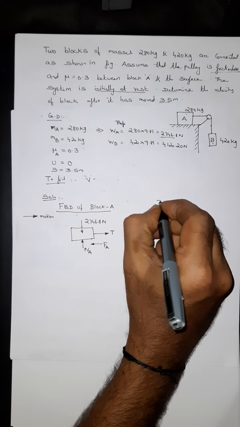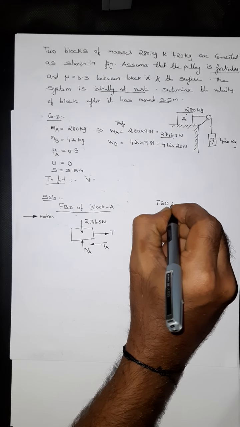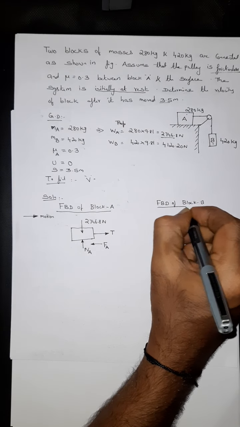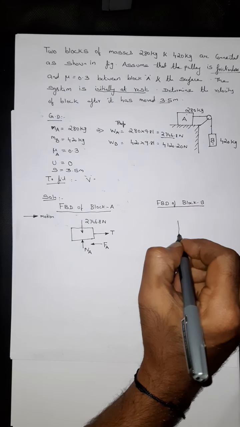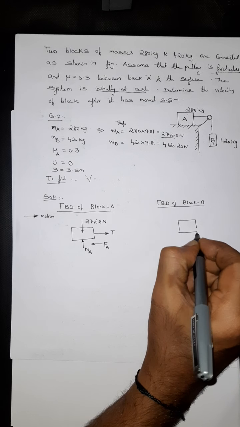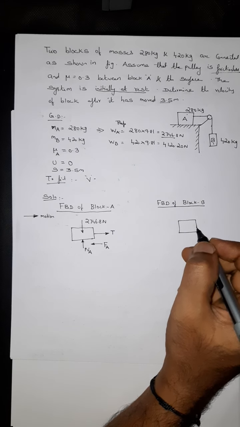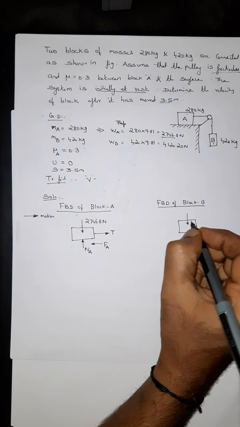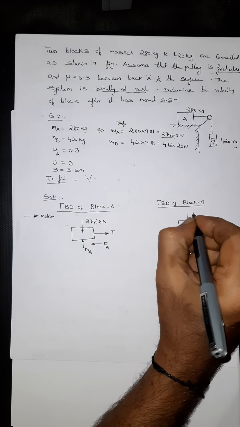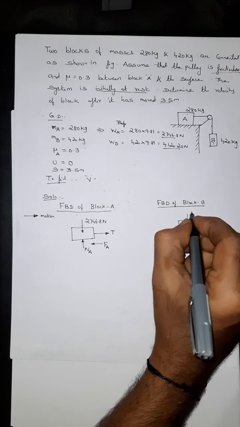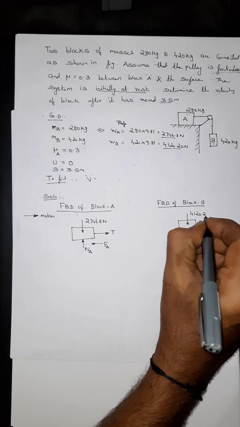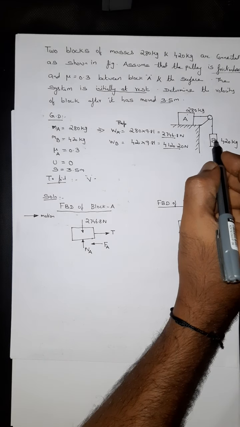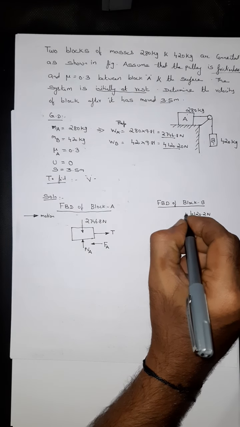Let me draw the free body diagram of block B. The weight acts vertically downwards of magnitude 4120.2 Newton, and there is a tension which acts away from the body.